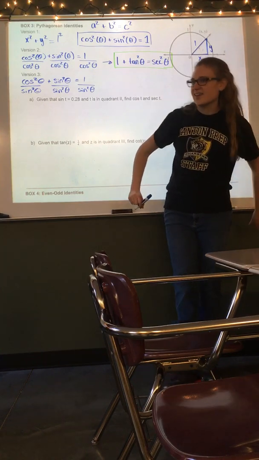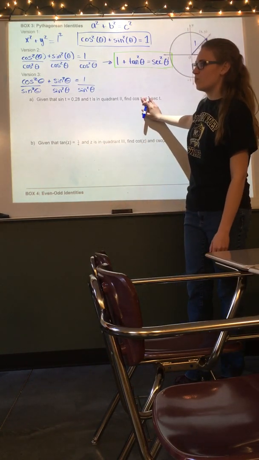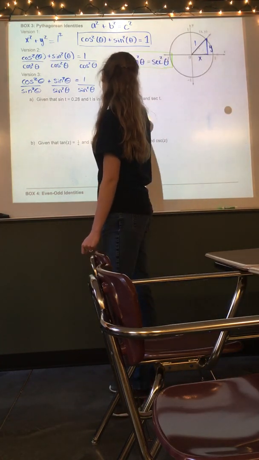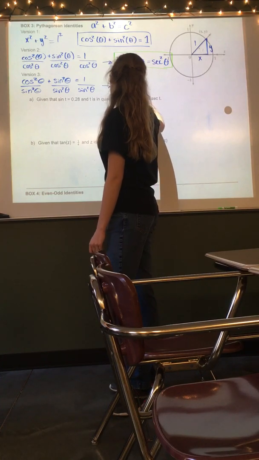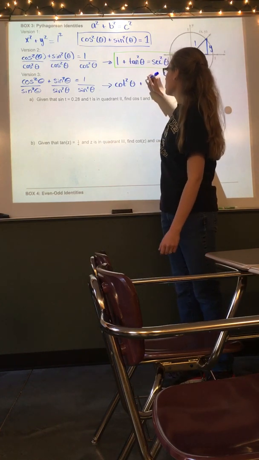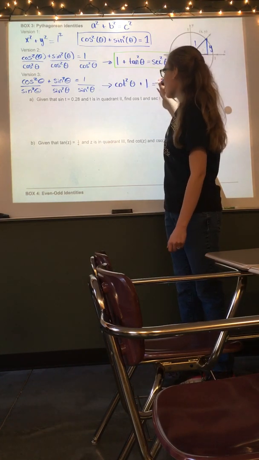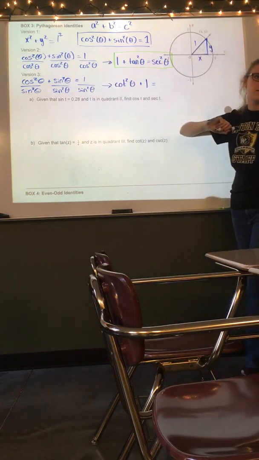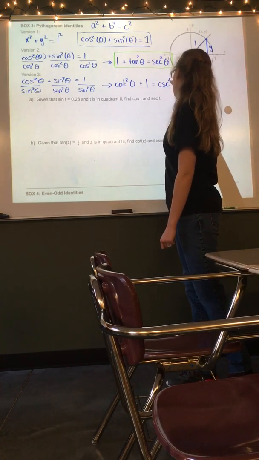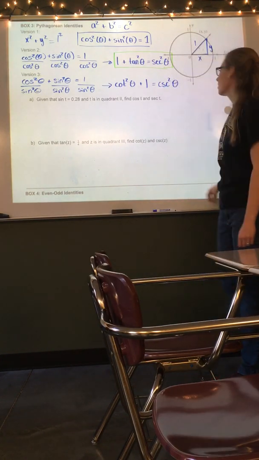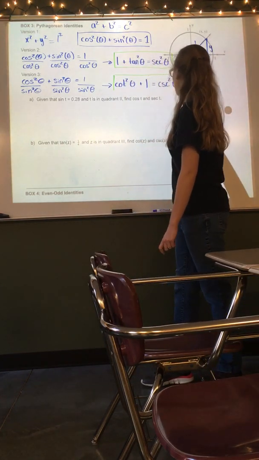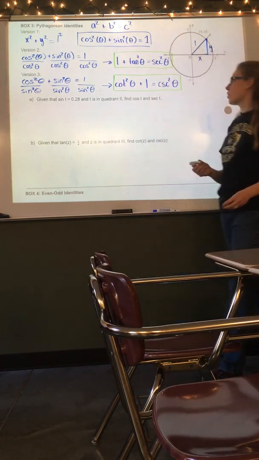That's cotangent. So cosine over sine is cotangent. Sine squared divided by sine squared, a number divided by itself, is just 1. And the reciprocal of sine is cosecant. The reciprocal of sine squared is cosecant squared. And there's your third version. Cotangent squared plus 1 equals cosecant squared.